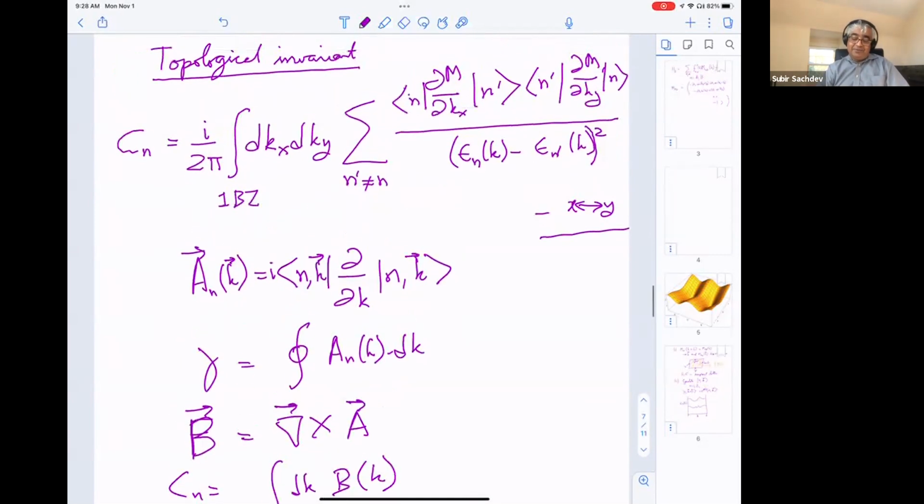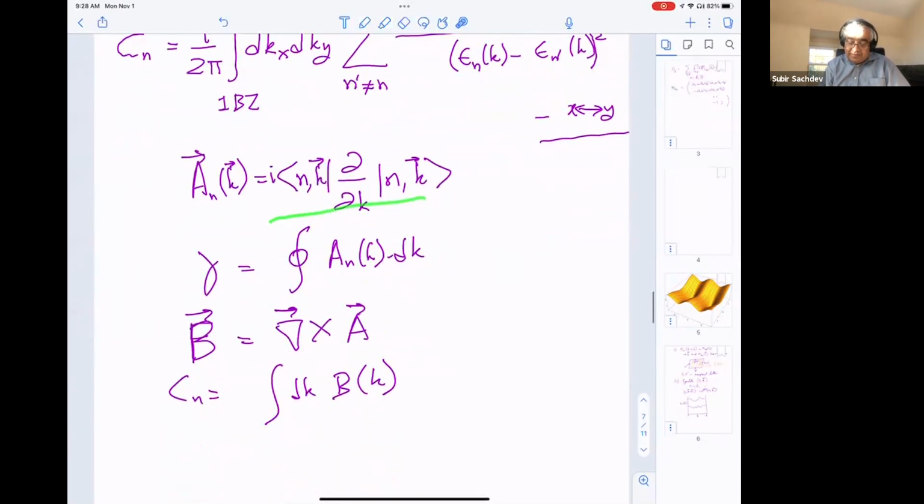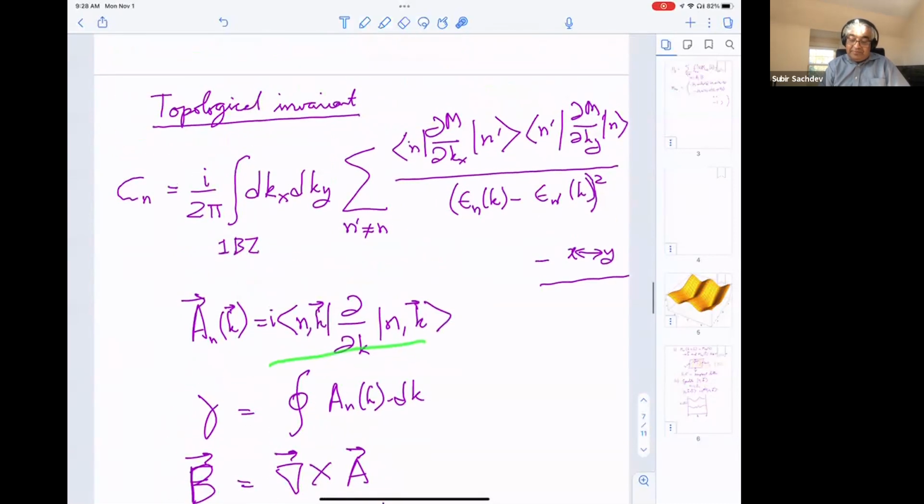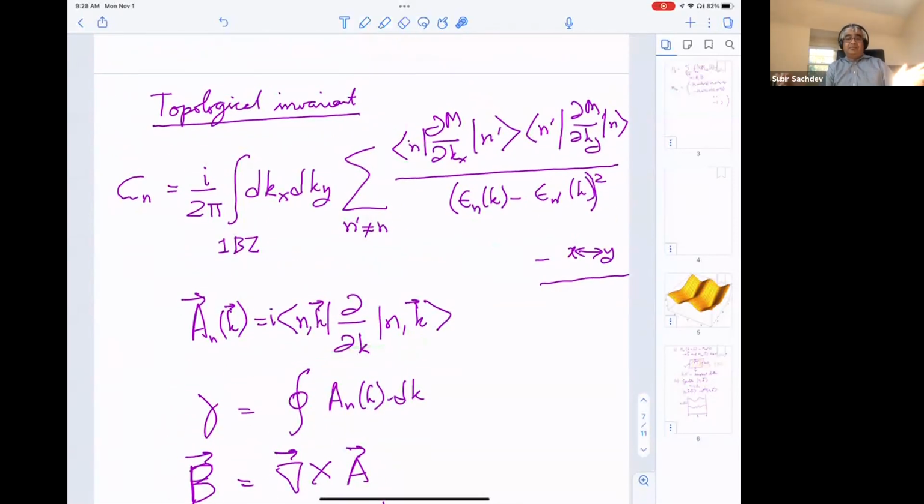So in fact, this is how you prove that this is an invariant. This is exactly what's in the notes. You compute the Berry connection, compute this line integral, which is the Berry phase. The Berry curvature is the flux associated with the Berry connection. And the integral of the flux is the Chern number. So it's very closely connected.